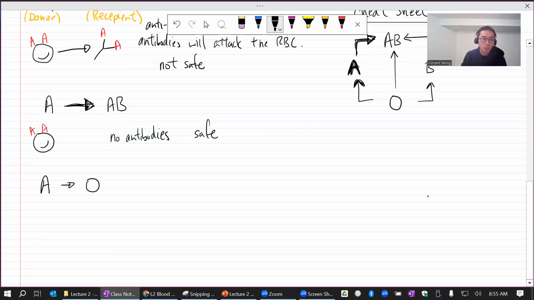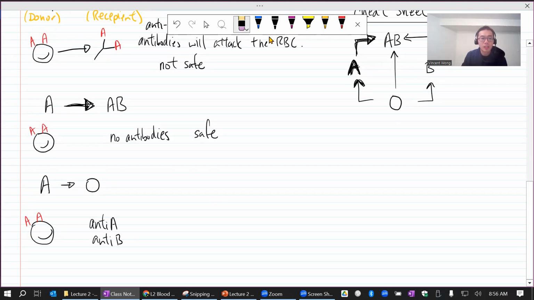Well, let's find out. What is on the surface of A? Well, A. What is in the plasma of a type O person? What kind of antibody in a type O person? Anti-A and anti-B? Not no antibodies.